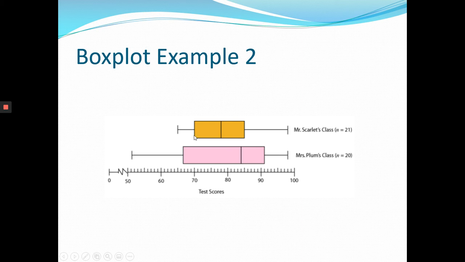In Mr. Scarlett's, the lower achievers are doing better than in Mrs. Plum's class. However, the higher achievers have lower scores in Mr. Scarlett's versus Mrs. Plum's. So this is a pretty complicated interpretation. I hope you were able to follow it.